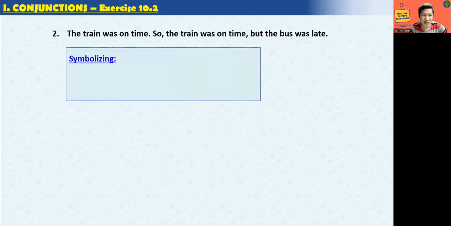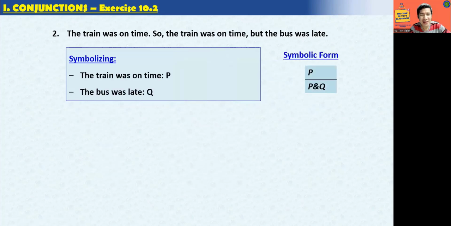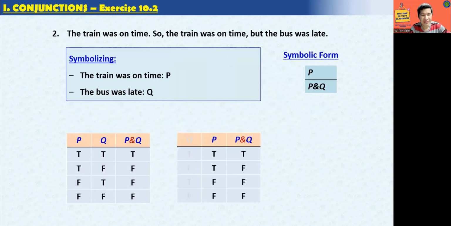Number 2, the train was on time, so the train was on time and the bus was late. Same thing. So it should be P, and the conclusion P and Q. What do you think? Invalid. Number 3, the train was on time, so the bus was late.